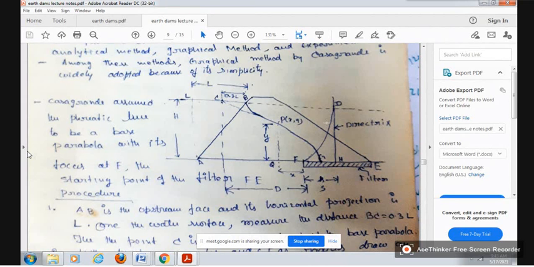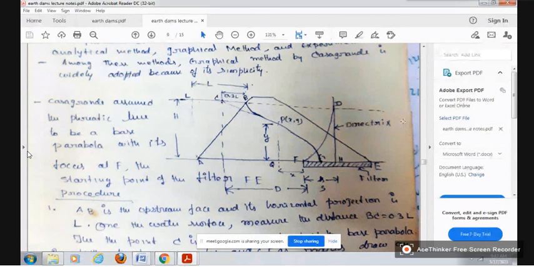This arc cuts the horizontal line at D. At D, draw a tangential straight line. That is called the directrix.